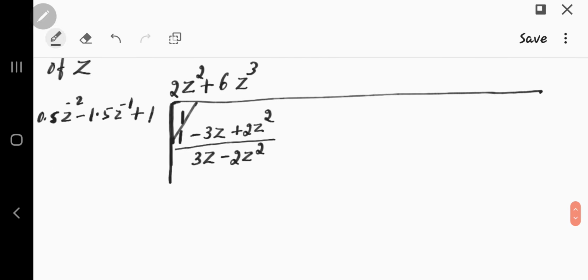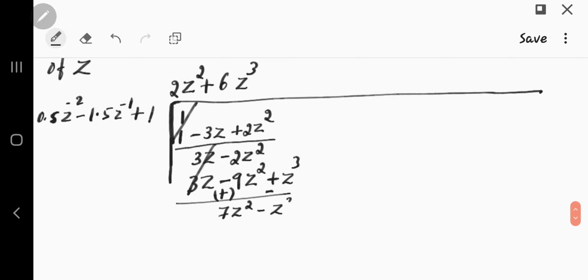So 6z cube multiplied by 0.5 z power minus 2 gives 3z, minus 6 into 1.5 is 9, and z cube with z inverse gives z square, plus z cube. Again these two get cancelled. This is plus and this will become minus. So 9z square minus 2z square gives 7z square minus z cube.